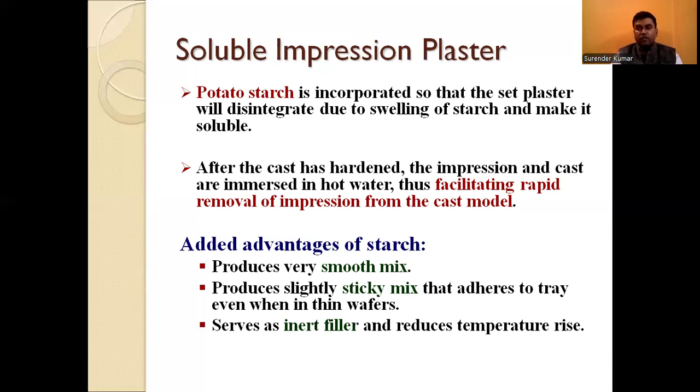Starch also produces a smooth mix, produces a slightly sticky mix that adheres to the tray even when it is in a thin layer, serves as an inert filler, and reduces the temperature rise.